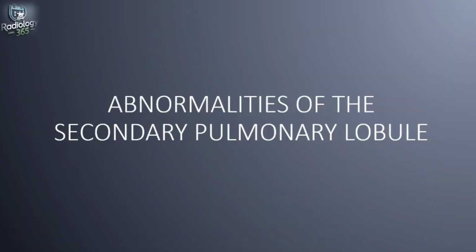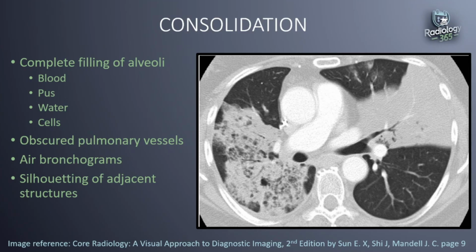Okay, so now we'll talk about some abnormalities of the secondary pulmonary lobule, starting with consolidation. Consolidation is histologically defined as complete filling of the alveoli. We know that the alveolus is supposed to contain air, right? So if anything apart from air is found inside the alveoli, it would cause consolidation.